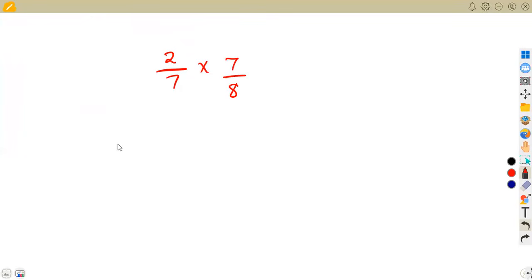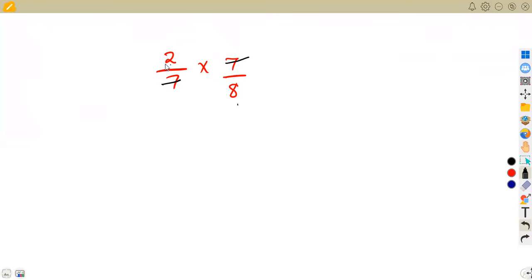Because of the use of calculators, these techniques are now very difficult for you to see, but they were not supposed to be difficult if we had not abused our calculators that much. From our simplification of a normal fraction like this, you simply cancel between the numerator and the denominator, like 7 and 7. We can check between 2 and 8.